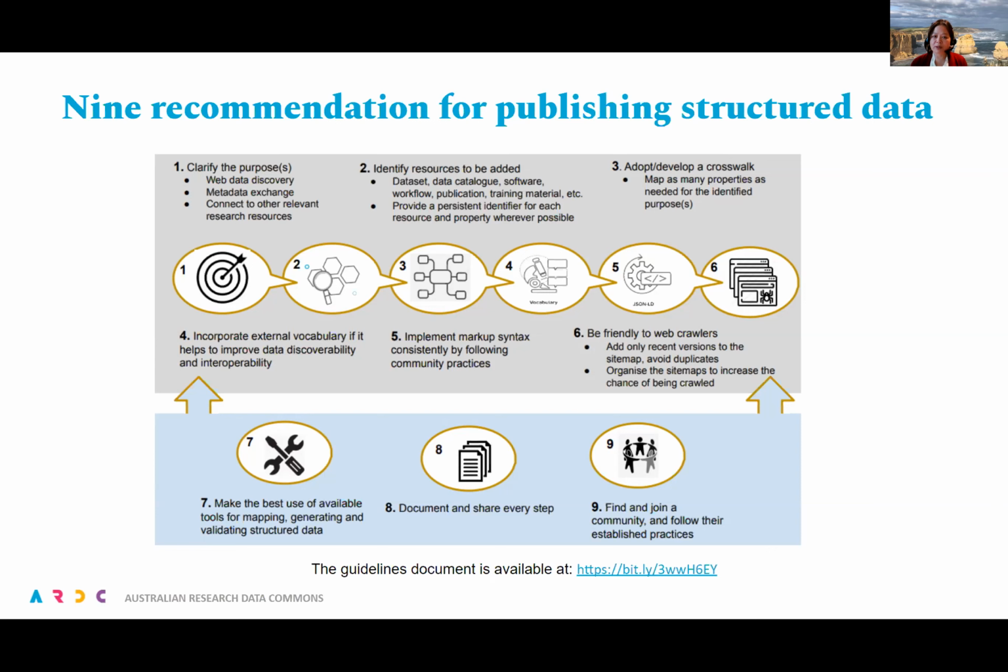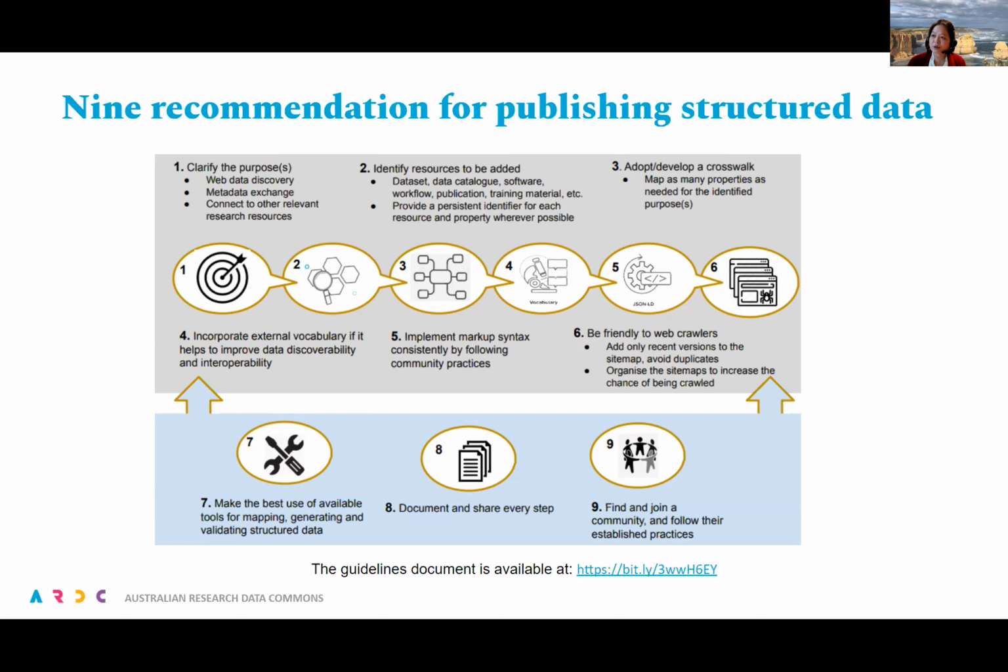We highly recommend providing a persistent identifier for each resource and property whenever possible, because that's the backbone to link resources and similar properties. And once you know what to share, the next step is to crosswalk, that is, map properties from your resources to those in schema.org.